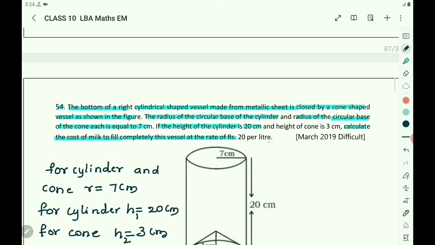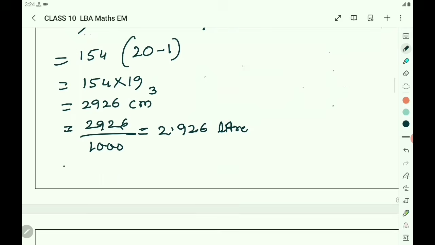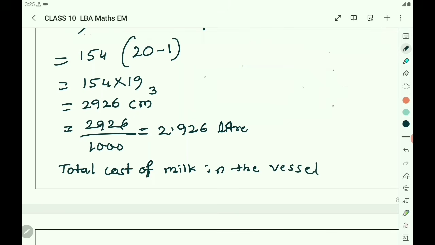To find the total cost of the milk in the vessel, you write: total cost of milk in the vessel equals 2.926 into the rate, which is 20. Multiply it.